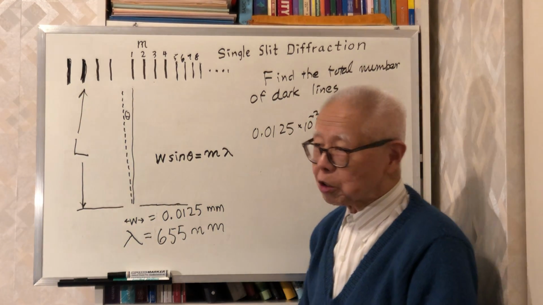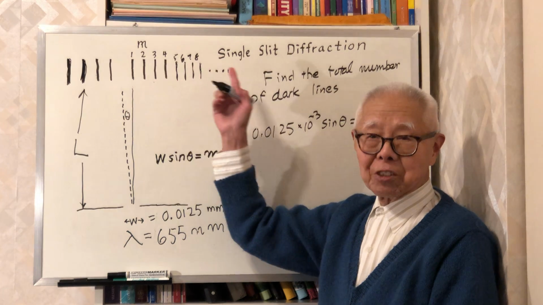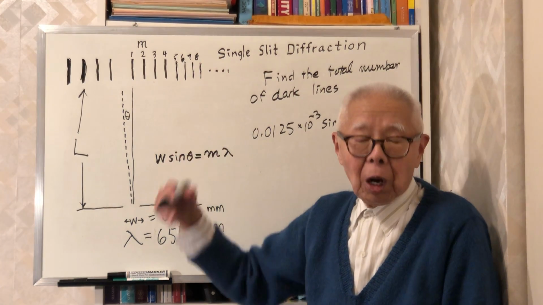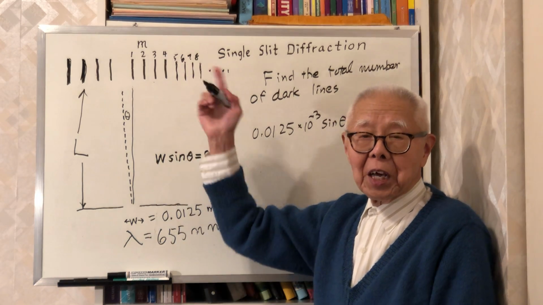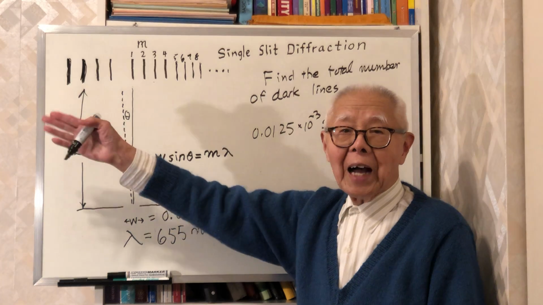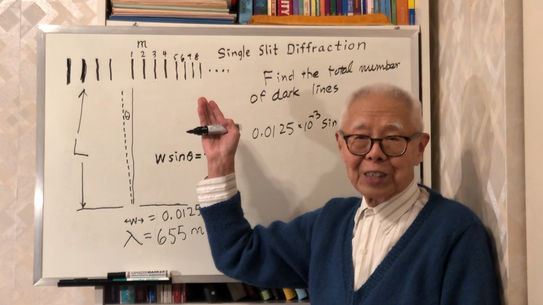So what we want to know is that for the whole pattern, m goes to what number? If I can find the m number, then I multiply by 2, I get the total number of dark lines.